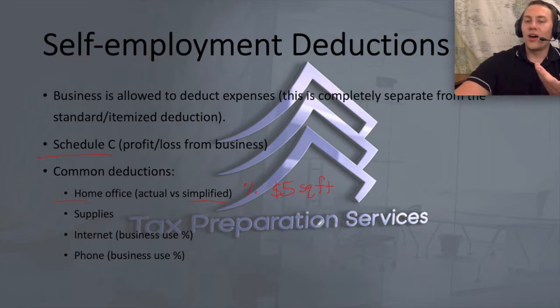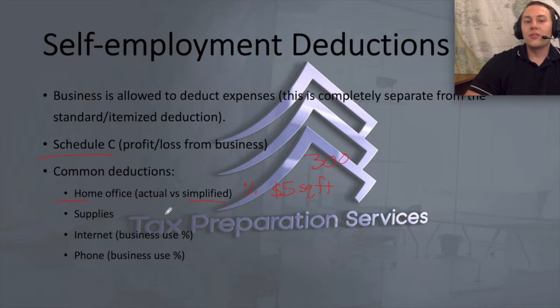So if you have a 100 square foot office, you would get a flat fee deduction of $500. If you had a 300 square foot office, you'd have a flat fee deduction of $1,500. And the 300 square feet is important because that's where this simplified deduction maxes out. Even if you had a 500 square foot office, you could only deduct up to 300 square feet.